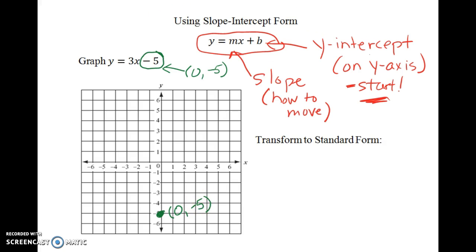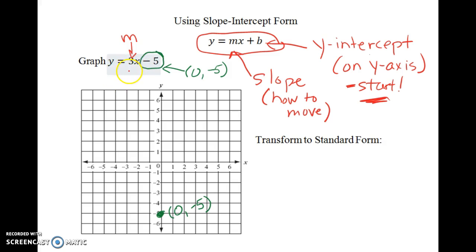Our slope is this other piece, okay? And the other number that we have to deal with is this 3. All right? That's our slope. Remember, slope is two parts. So we need to have a denominator. In order to write 3 as a fraction, what can we divide 3 by to still get 3?